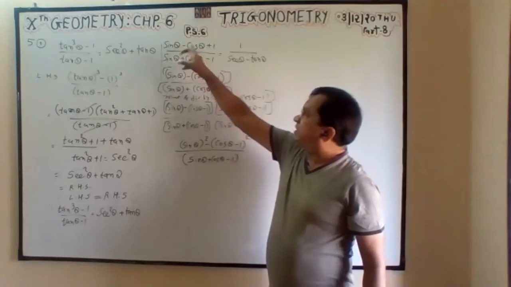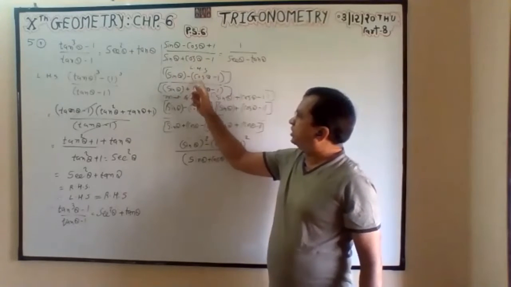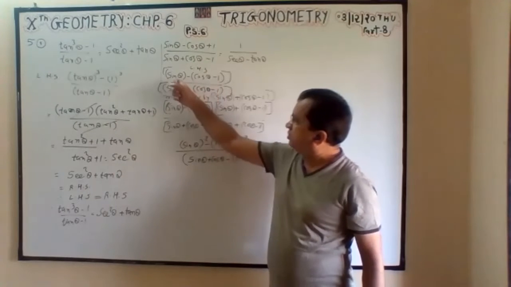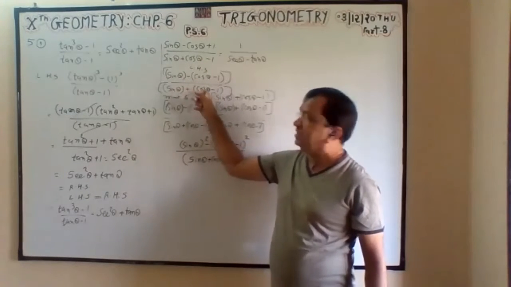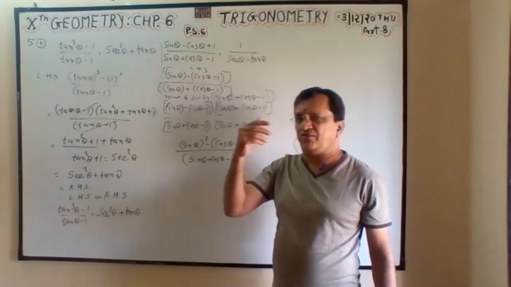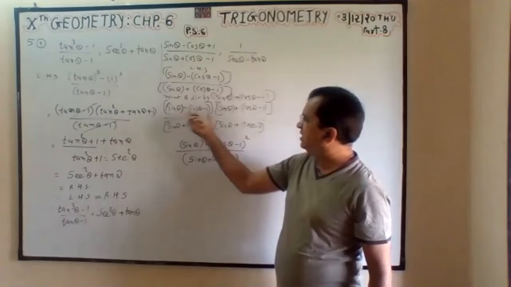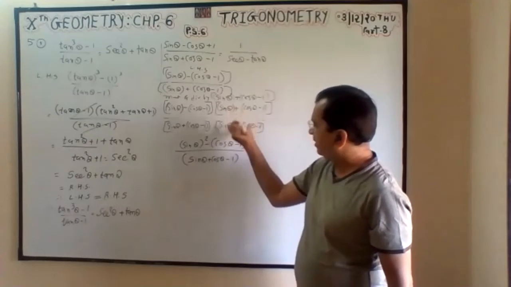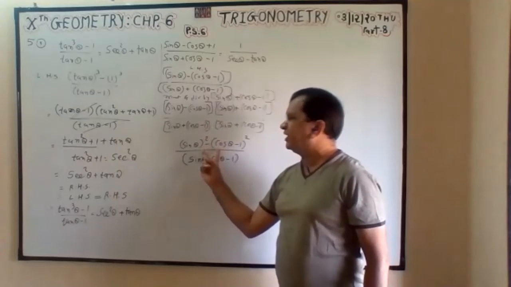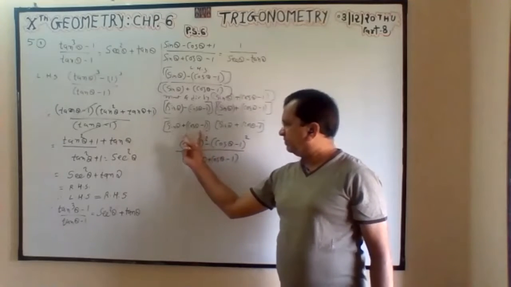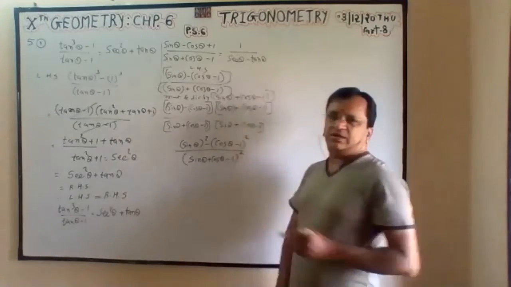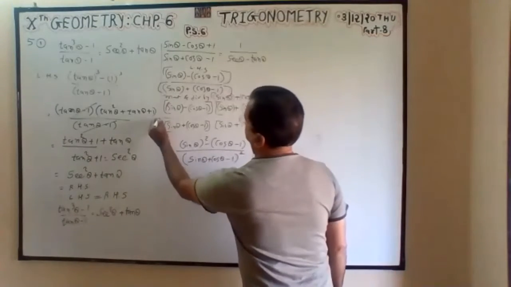See again, in this I have taken minus out, so inside cos minus 1. Here I have put the bracket. So a minus b, a plus b. In the numerator I want a single 1, so I take the conjugate pair of the numerator. So it is a square minus b square, and in the denominator a plus b total square. Now simplify.